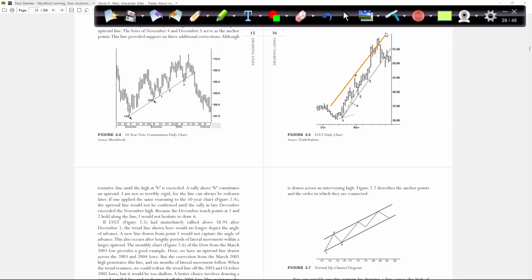We do see the market testing this area of supply, and eventually going down.